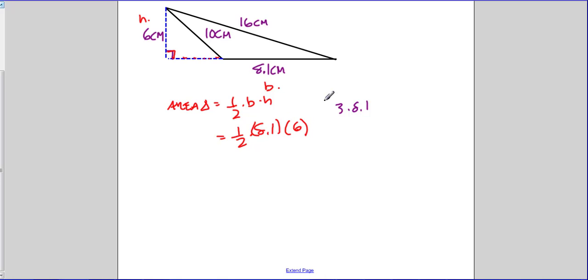Also, 1/2 as a decimal is 0.5, so I could also write this as 0.5 times 8.1 times 6. I could either take 0.5 times 8.1 times 6, or take half of 6. It doesn't matter. Any way you do it, you're going to get the same result. You just can't take a half of 8.1 and then a half of 6, so you can't do this.